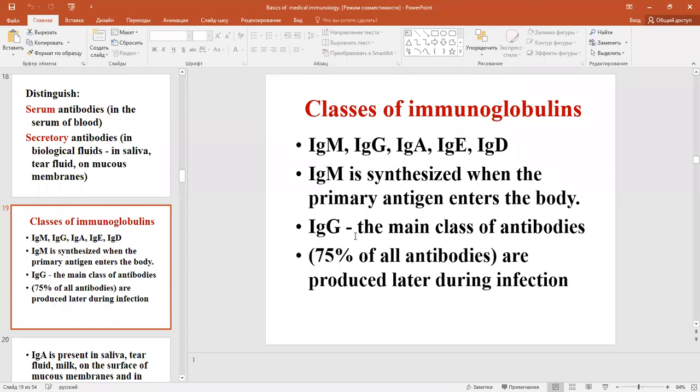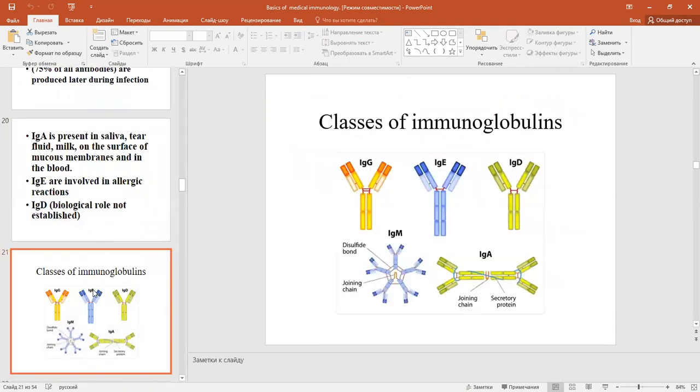Immunoglobulins are divided into different classes. There are classes of antibodies such as IgM, IgG, IgA, IgE, IgD immunoglobulins, and they look different. I will show the picture of classes of immunoglobulins, and this is just a scheme. This is a subunit of immunoglobulin.